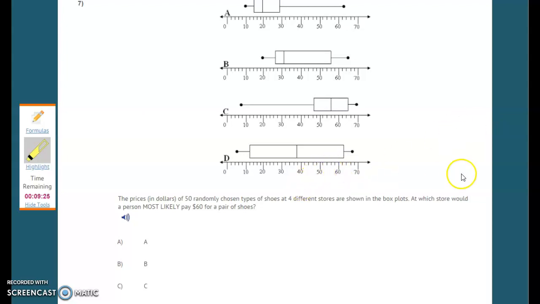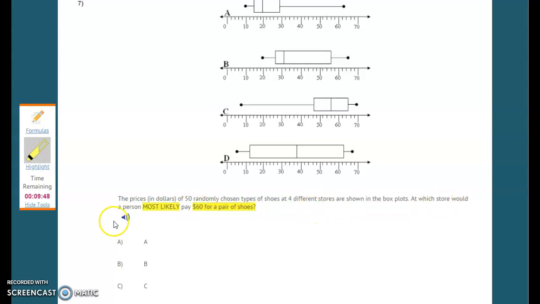Number 7, the prices in dollars of 50 randomly chosen types of shoes at 4 different stores are shown in the box plots. At which store would a person most likely pay $60 for a pair of shoes? This is capitalized. We know that that's important. Okay. It's asking you $60 for a pair of shoes.